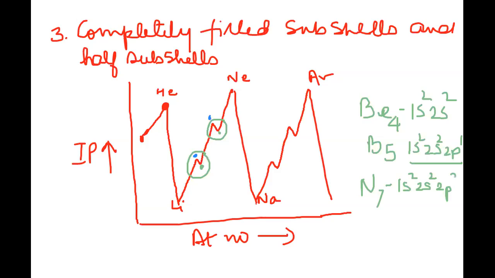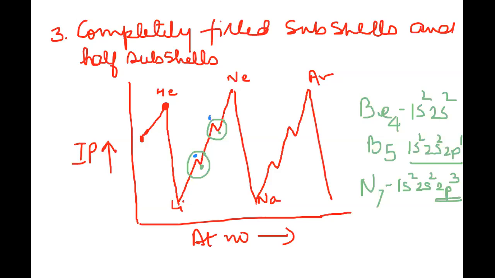When it is 2p3, the 2p orbitals are half filled, and whenever there is half-filled stability, pulling out that electron becomes a little difficult. Therefore the next element finds a place a little below nitrogen and then it continues to rise.